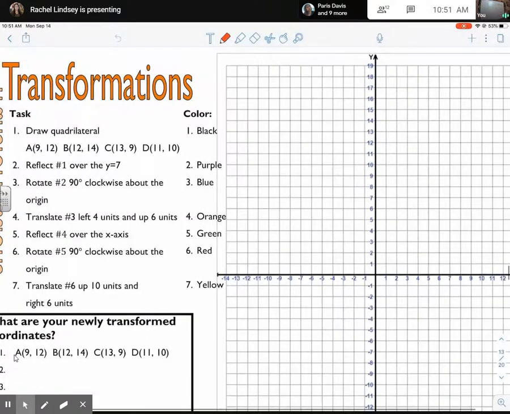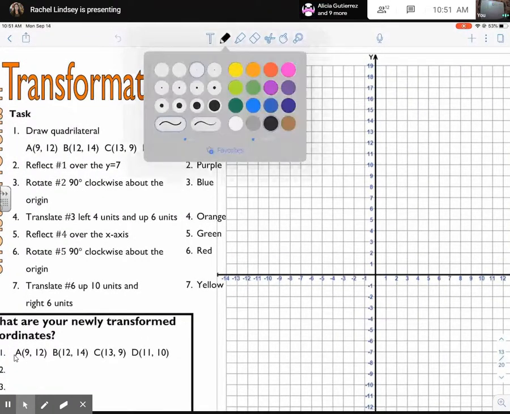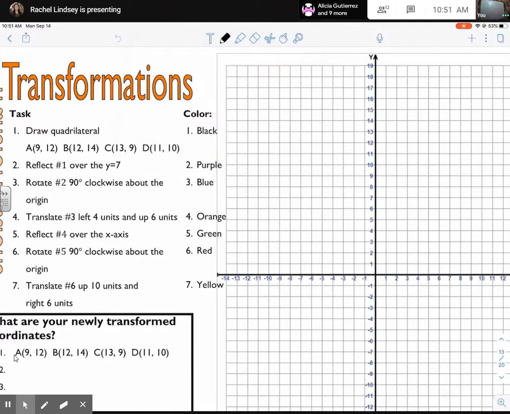So page 30 wants you to draw that quadrilateral at 9, 12, 12, 14.